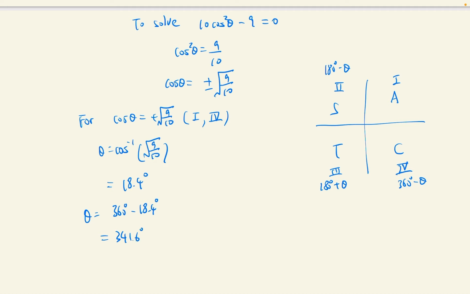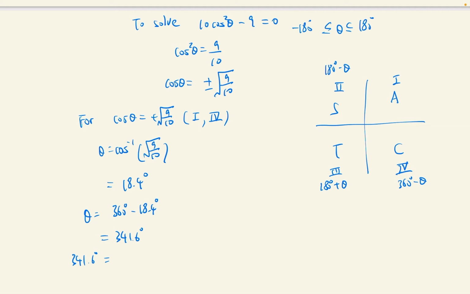But this is outside the region, because the range of theta is between minus 180 and 180, so we have to turn 341.6 into a negative.